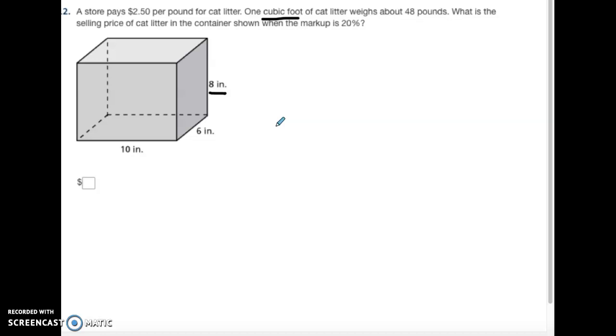What was the selling price of cat litter in the container shown when the markup is 20%? All right, first thing we should do is change these inches to feet. So 10 over 12, let's simplify that to 5/6. 6 over 12 is 1/2, and 8 over 12 is 2/3.